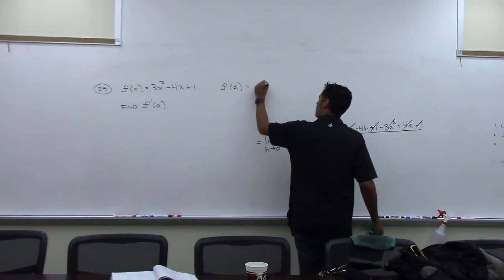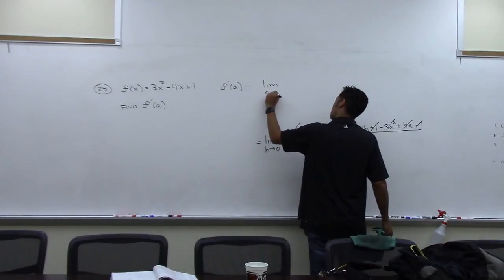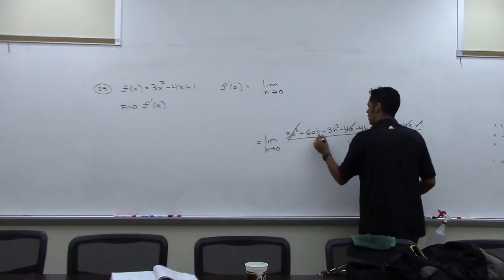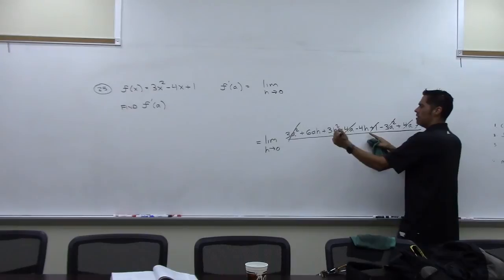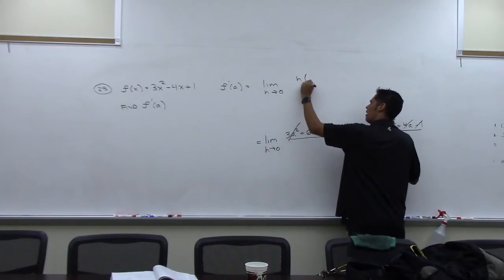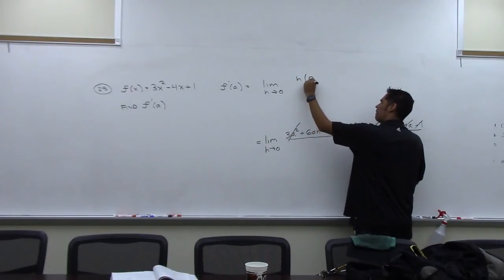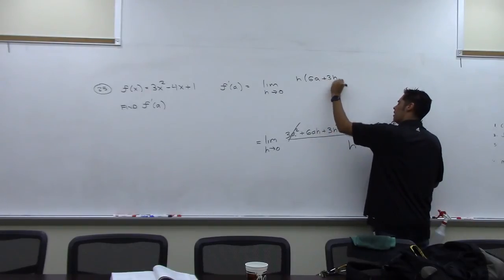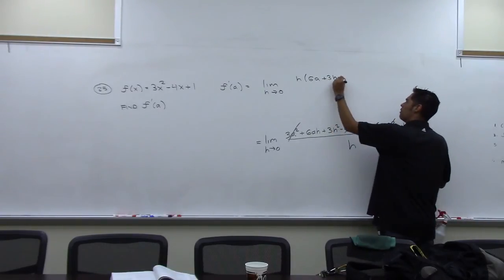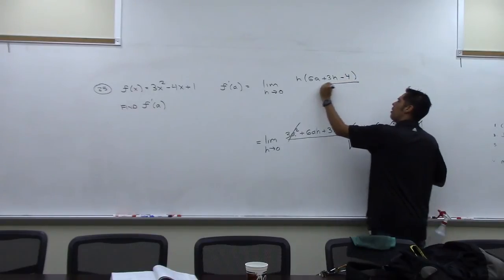this is going to be equal to the limit as h goes to 0 of, okay, since everything has an h in it, right, everything that's left has an h in it, I'm just going to pull an h out now. And that would have left me with just 6a here, and then plus just 3h, and then here just minus 4, and then all over h.